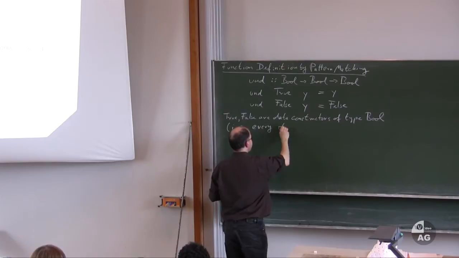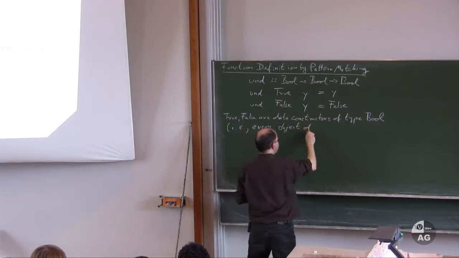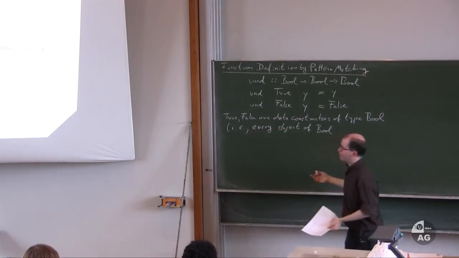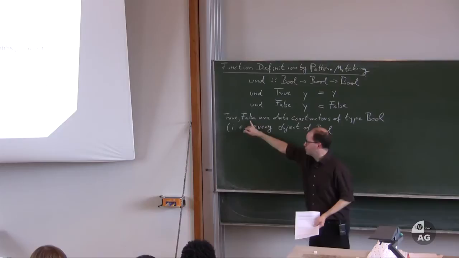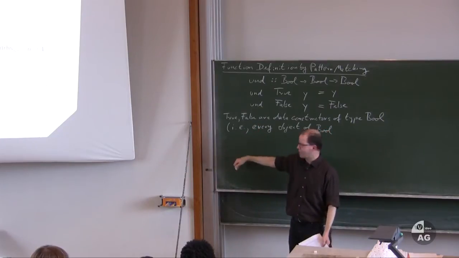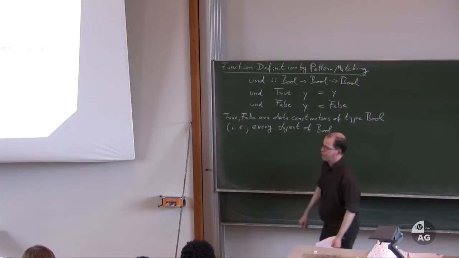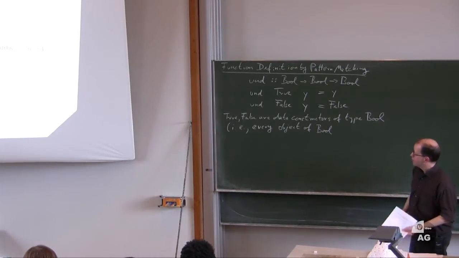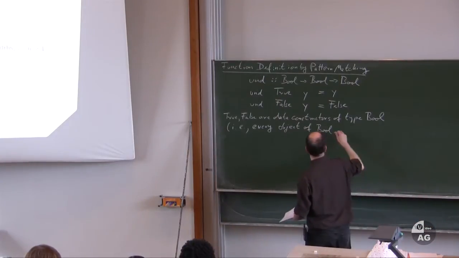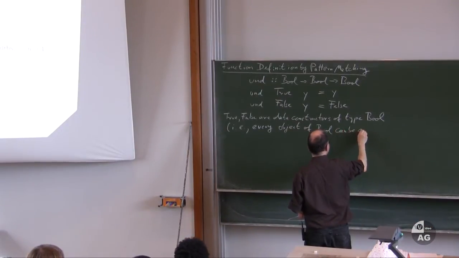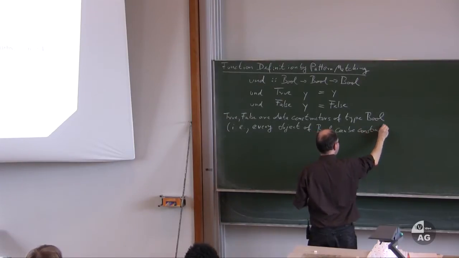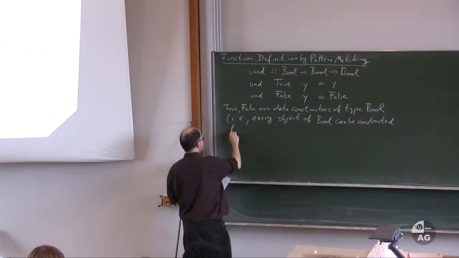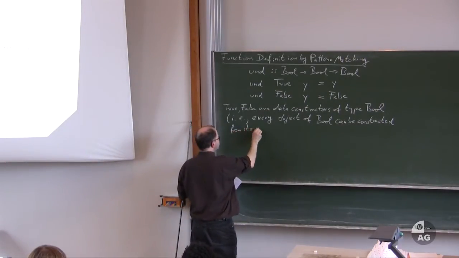Well, in this example, these are functions of arity 0, so there's not much to construct. Bool has exactly two objects, namely this one and this one. But bool is a very simple data structure, and for more complicated data structures, this is a bit more interesting. So every object of type bool can be constructed from its data constructors.